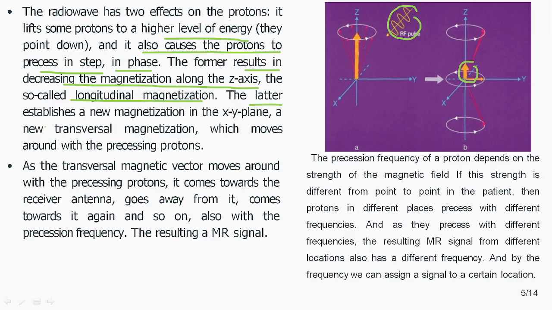The latter establishes a new magnetization in the xy plane, that is shown here, a new transversal magnetization which moves around with the precessing protons. So these are the two effects that will occur due to the application of the RF pulse.